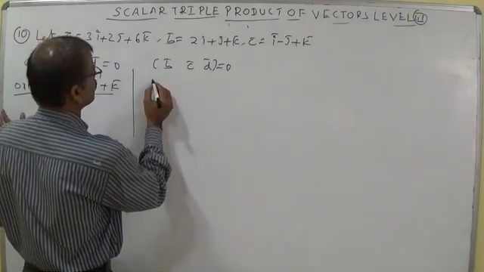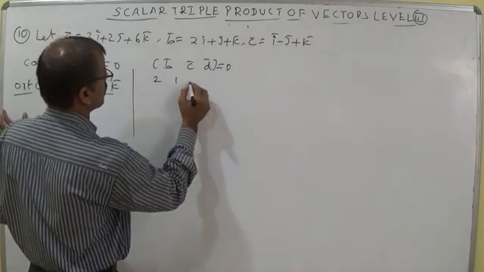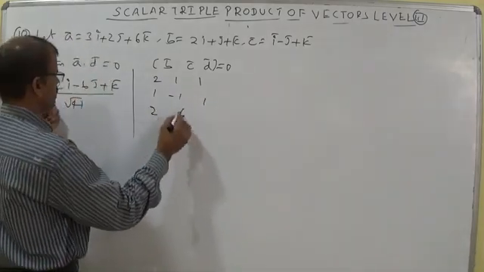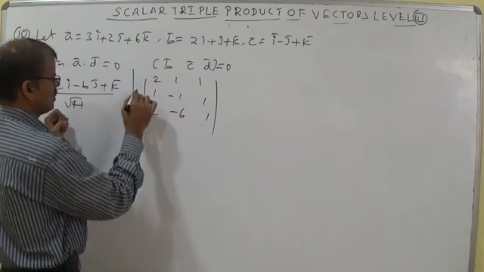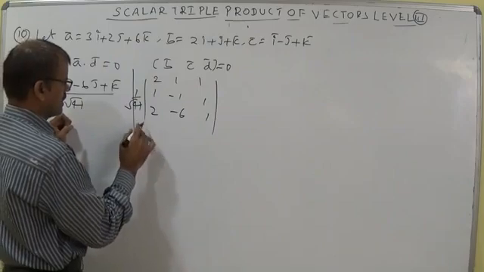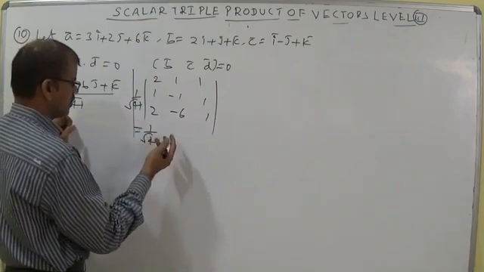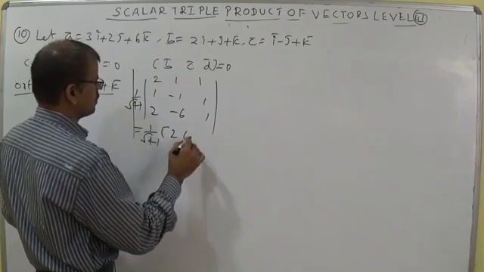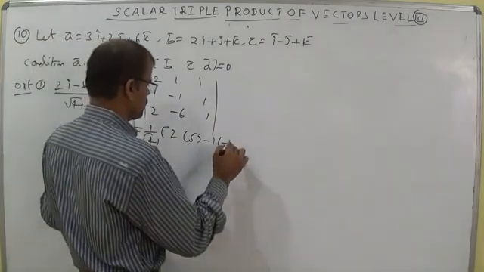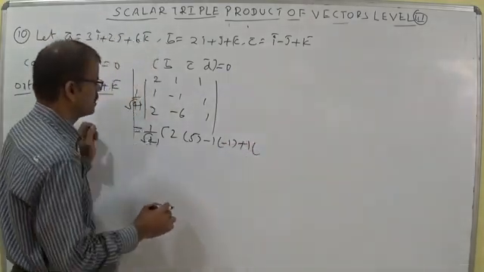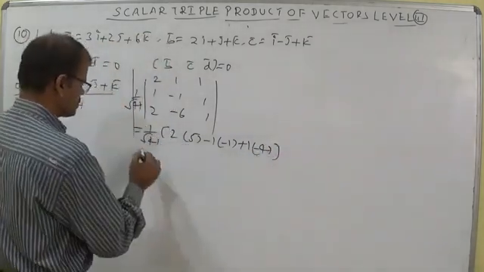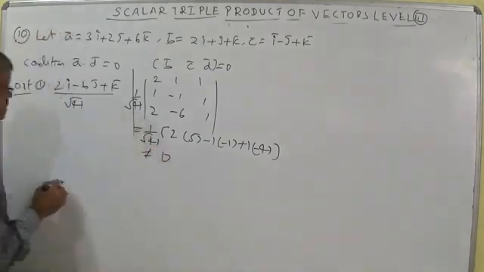Condition of coplanarity: the determinant with rows 2, 1, 1; 1, minus 1, 1; and 2, minus 6, 1, with 1 by root 41 taken common. Expanding the determinant: 2 into minus 1 plus 6, that is 5; minus 1 into 1 minus 2, minus 1; plus 1 into minus 6 plus 2, minus 4. 10 plus 1 minus 4 is not equal to 0. First option is not correct.